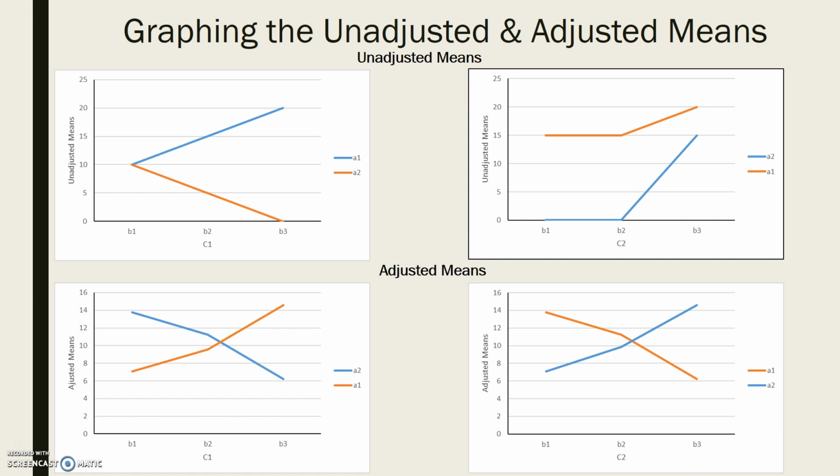So for example here, if we're going to graph these to show the reader or an audience what's going on in terms of interaction effects, the unadjusted means are in the two graphs on the top.